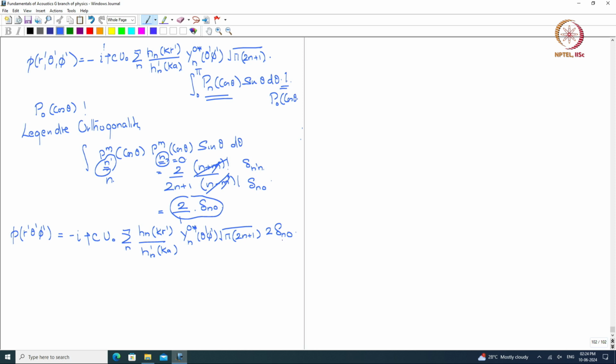So, this delta n 0 means n must be 0, we will take out this n, we will make this 0, and from here keep only the n equals 0 term, okay.